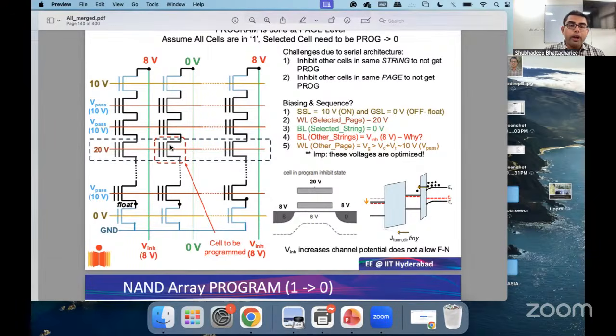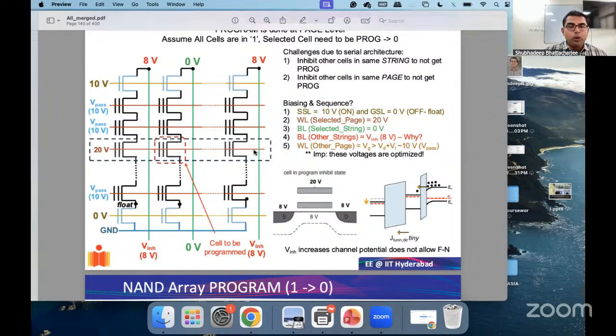And when we were doing the program in the NAND flash array, first and foremost, we assumed that all the cells are initially erased. And in this page of our interest, page is nothing but all the cells which are connected by a common word line. We know that both program and read operation in NAND flash happen at the level of a single word line or a single page.